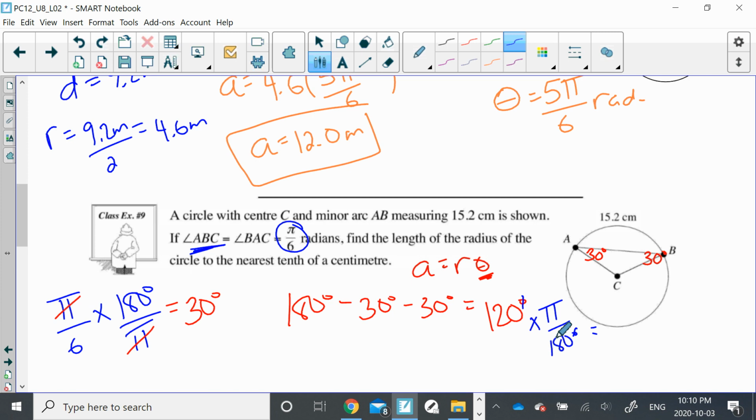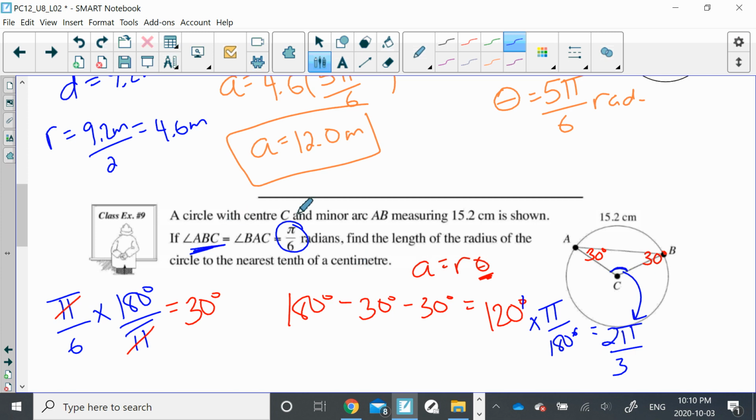So 120 divided by 180 is 2 pi over 3. So the central angle is 2 pi over 3. So this guy, yes, it is 120 degrees, but in radians, this angle here is going to be 2 pi over 3.